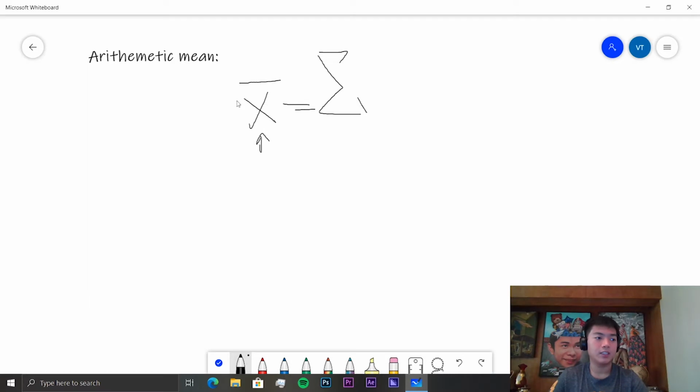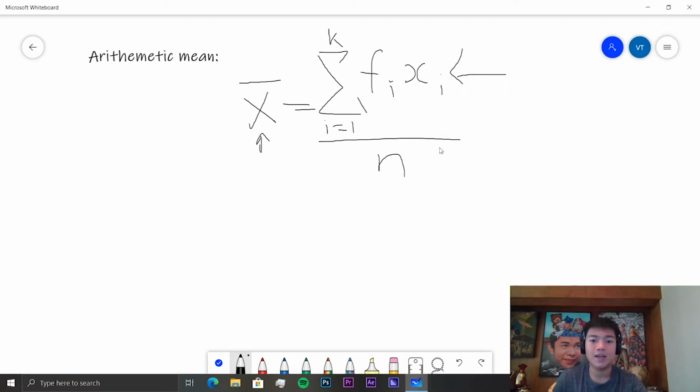We use this to show the arithmetic mean of a sample, and this is the sum from i = 1 to k of f_i x_i over n, more or less. So this is the sum of the set of data, and n is the number of values in the data set. So this is the arithmetic mean.